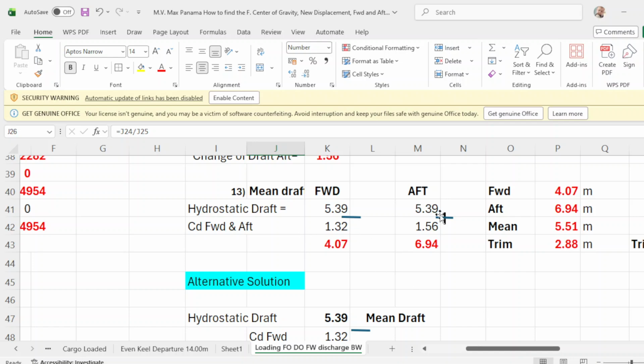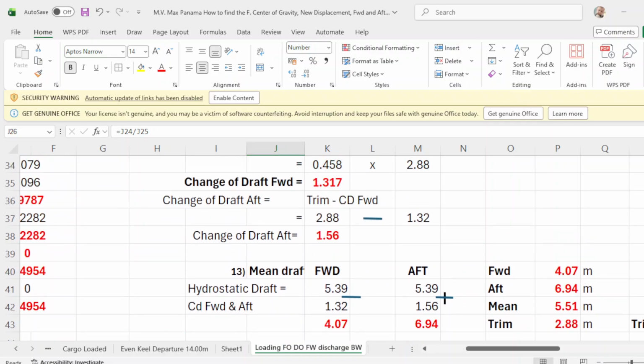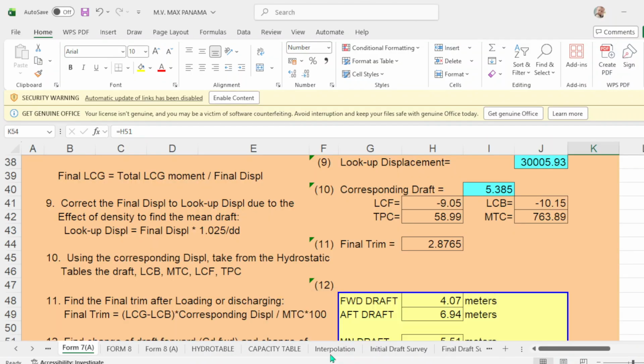This is your main drop. Apply your change of drop forward and up. Forward is 1.32, this one. And change of drop up is 1.56. Subtract this one, then you will have 4.07, and up drop will be 6.69 if you add this one, which is almost the same here with the program.